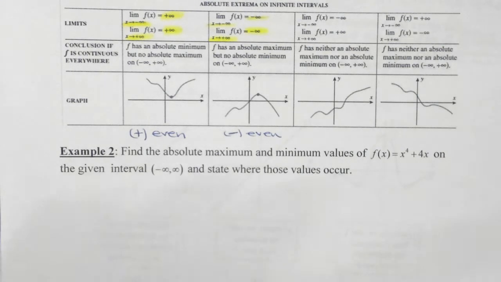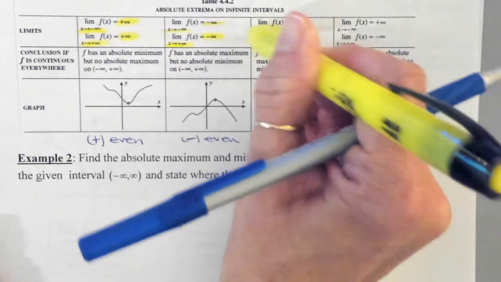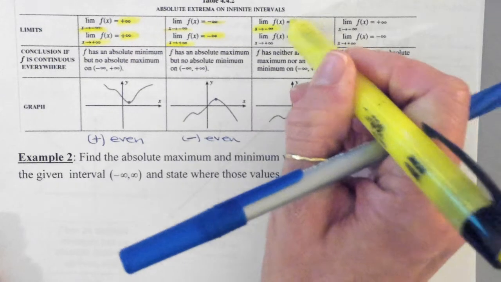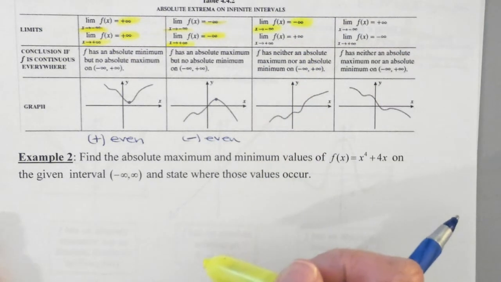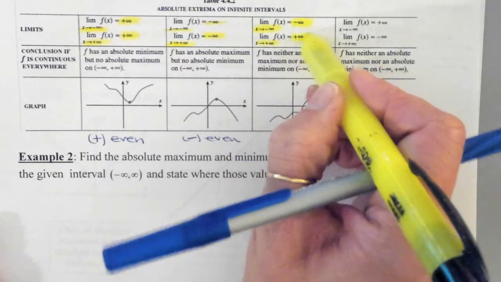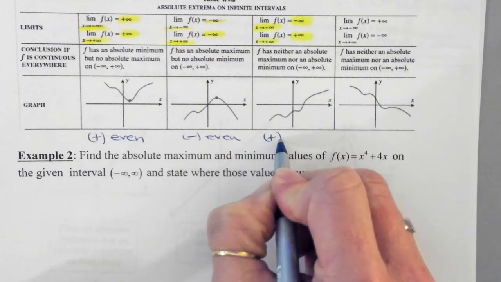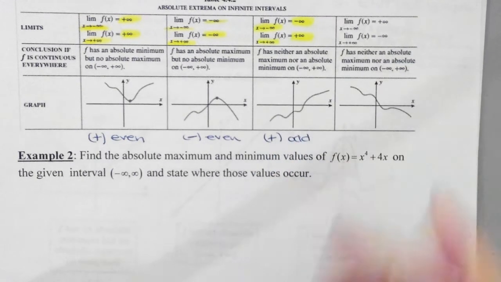Okay? Here, what they're saying is the limit as x is approaching negative infinity, meaning my x values are getting smaller, my y values are also getting smaller. But on the other side, as x is getting larger, your y values are getting larger. So this is a positive leading coefficient odd degree function. Think about x cubed.